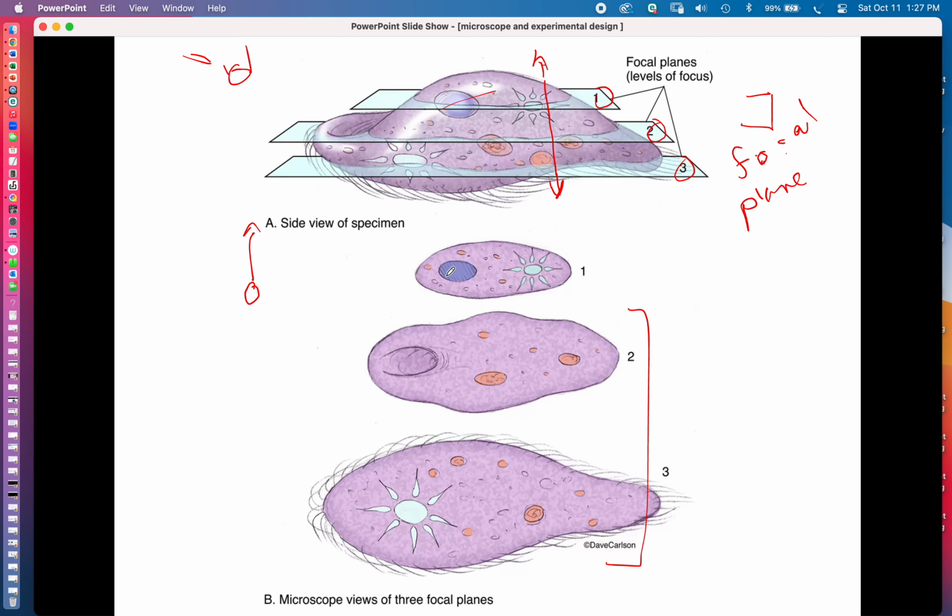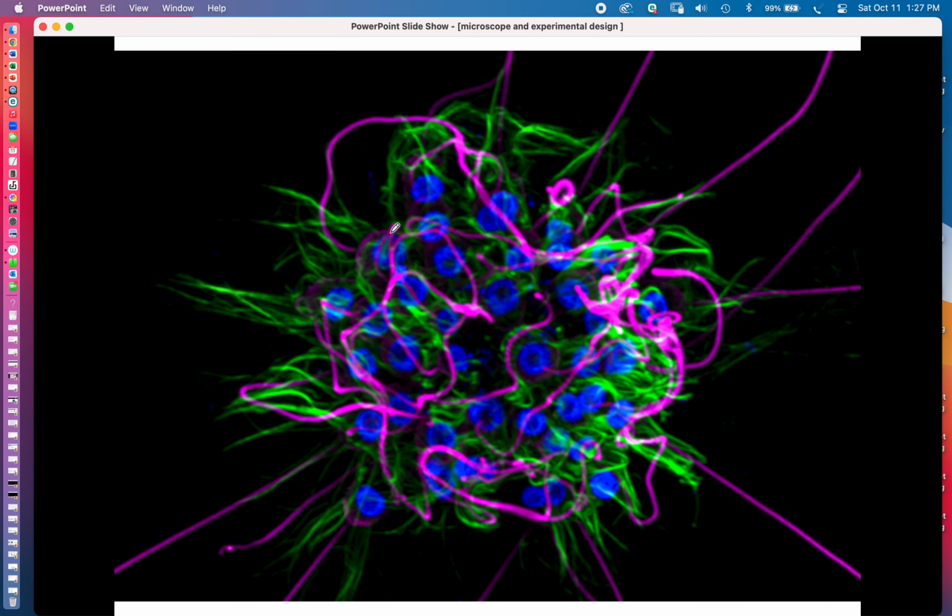Then the computer has a program to stack those together and make an actual three-dimensional object that the computer can rotate on the monitor and show you the different features of that object. So a confocal microscope can make really high-quality images, and that was really revolutionary.